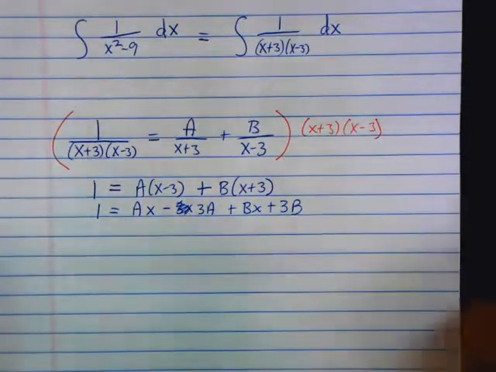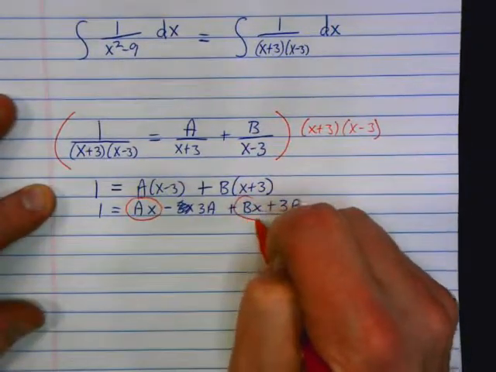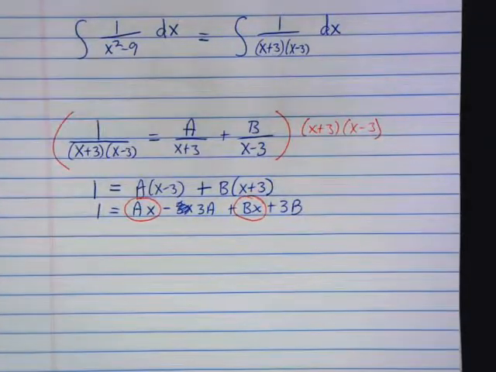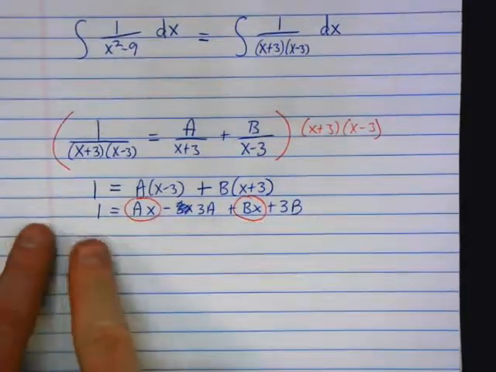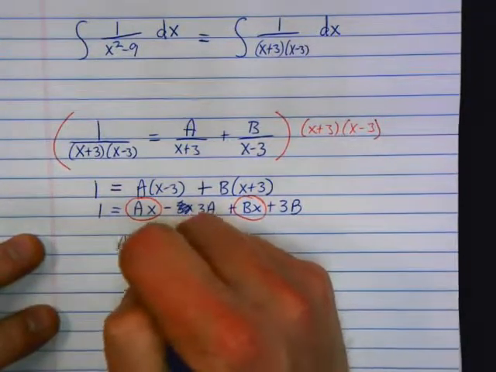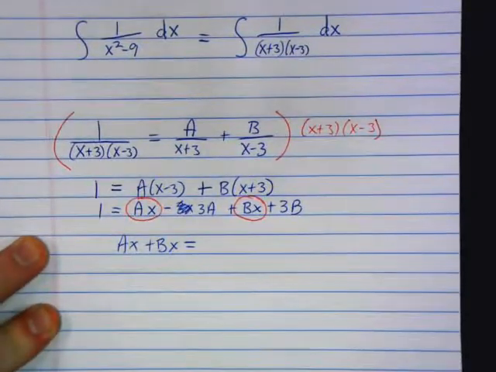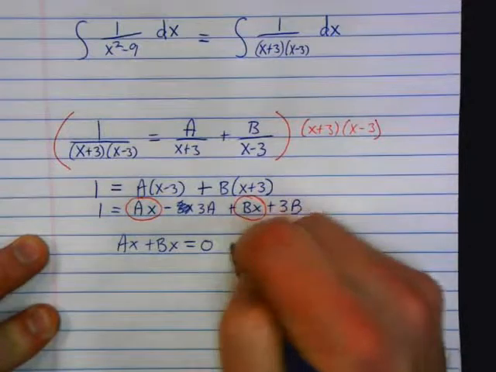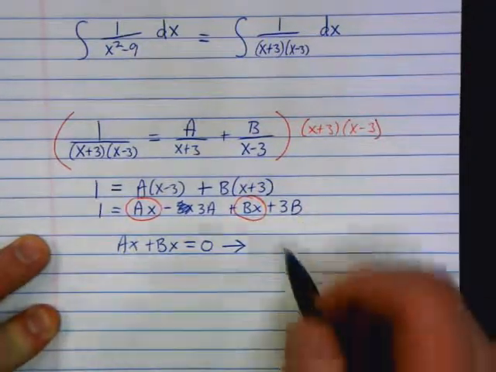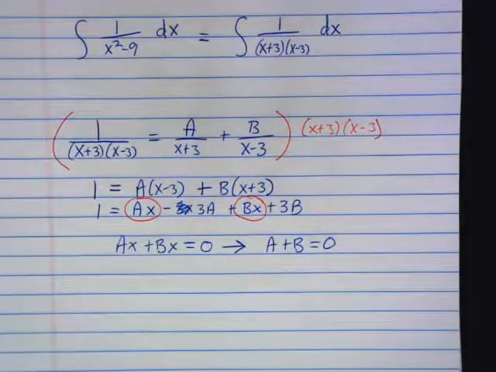What that means is, if I look at everything that has an x on the right-hand side, that has to add up to all the x's I have on the left-hand side. I don't have any x's on the left-hand side. So that tells me that Ax plus Bx has to add up to 0 because there are no x's over there. I'm going to divide everything by x, and I get A plus B equals 0.